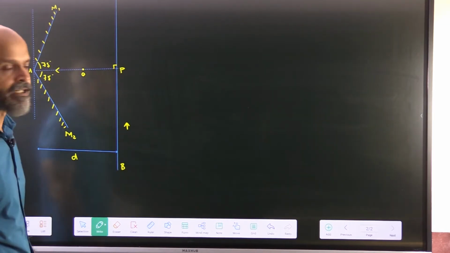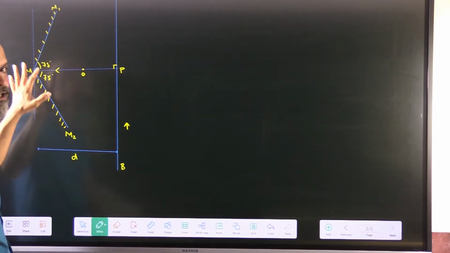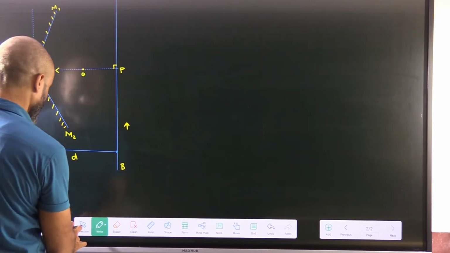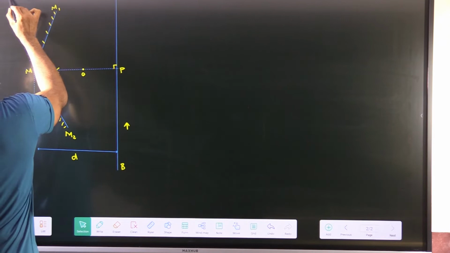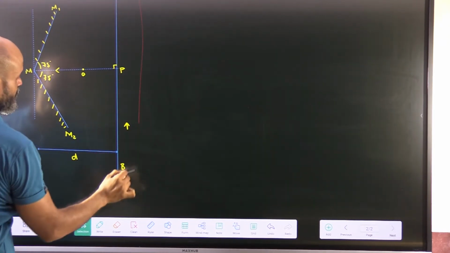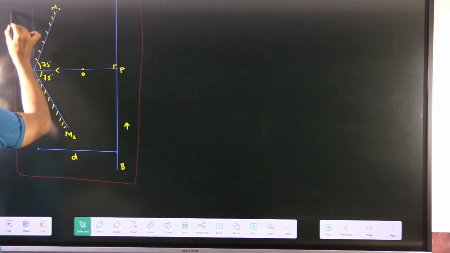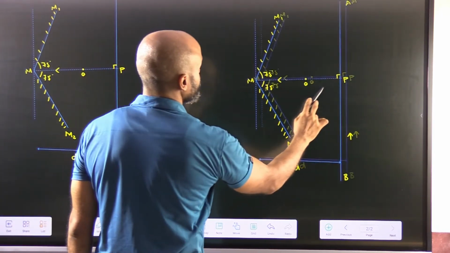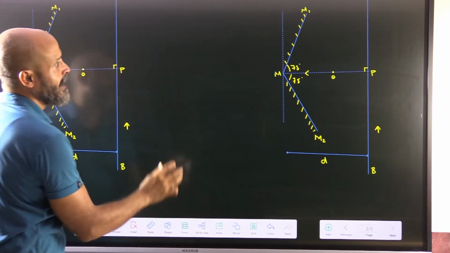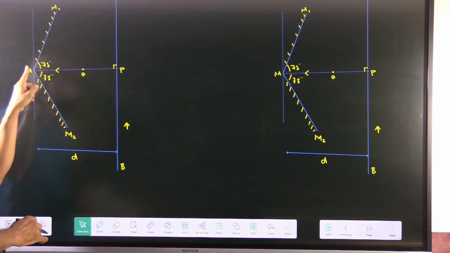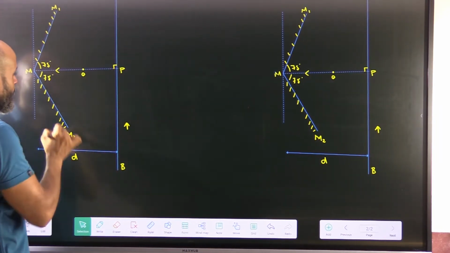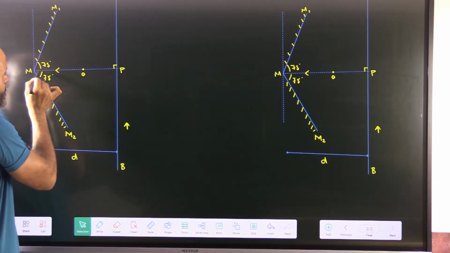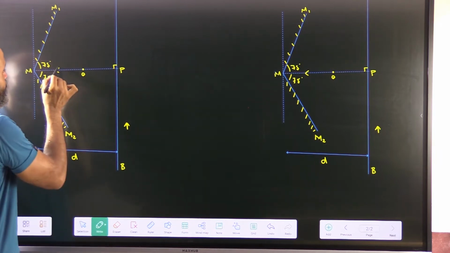Let's handle one mirror at a time and make a clone of it. We will select this, clone it out here and shift it here. First we will take mirror MM2. Say this is the ray of light incident on this mirror.